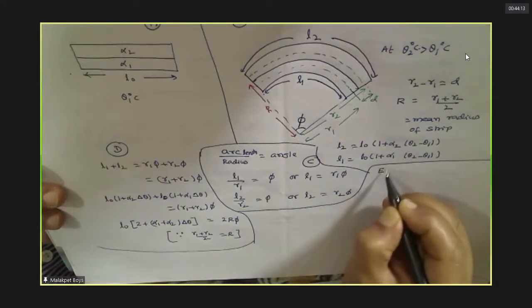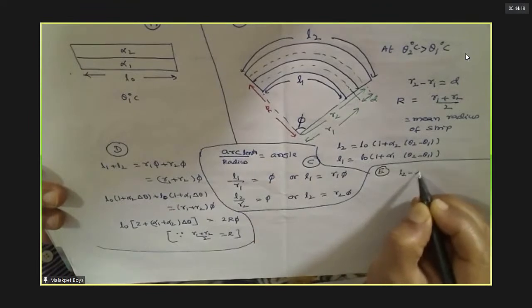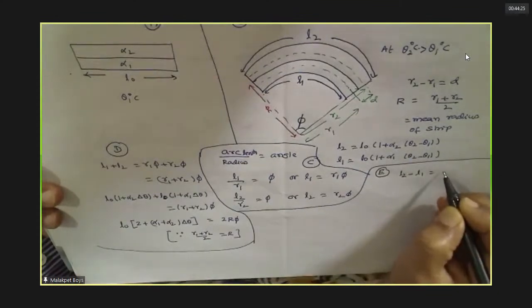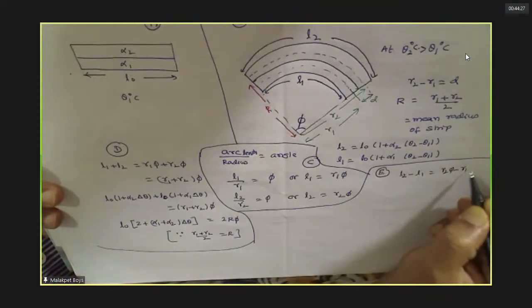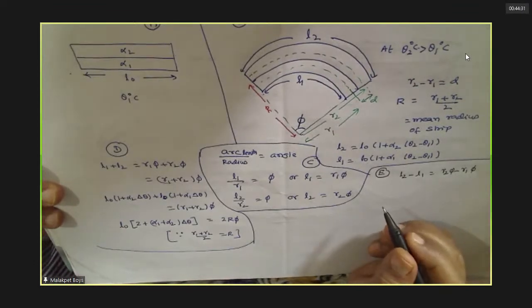Now, if you subtract these equations, what is it that you will get? R2 theta minus R1 theta. Agreed?